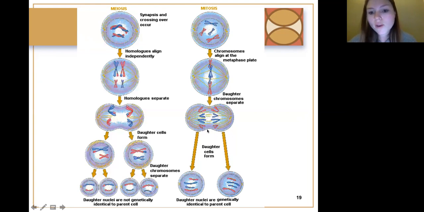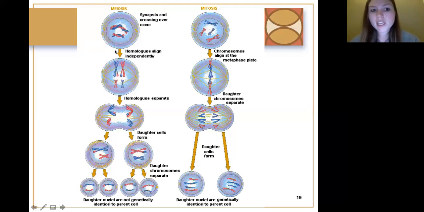Those are separated, and then they eventually form these daughter nuclei that are genetically identical to the parent. It's not very clear in this picture, but you have 2 blue and 2 red, so they're going to contain pairs of chromosomes as well. They're going to be identical to the cell that you started with, and they're going to be diploid.